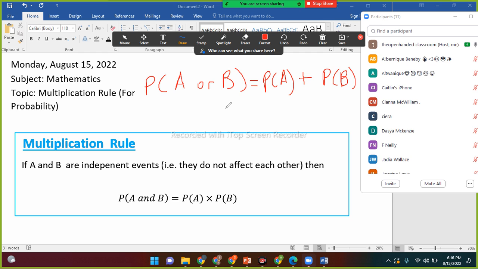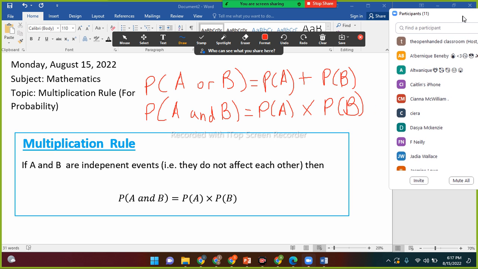That's what we did last week. But for the multiplication rule, if you have the probability of A and B, then it's going to be equal to the probability of A multiplied by the probability of B. All right, so that's how we would do it.